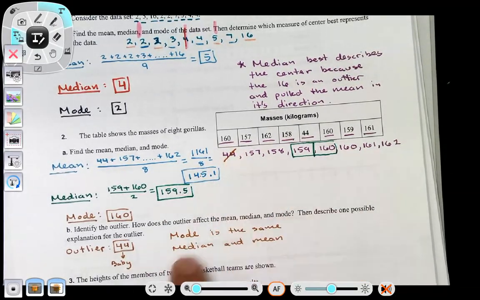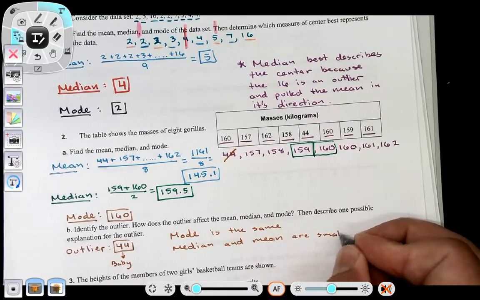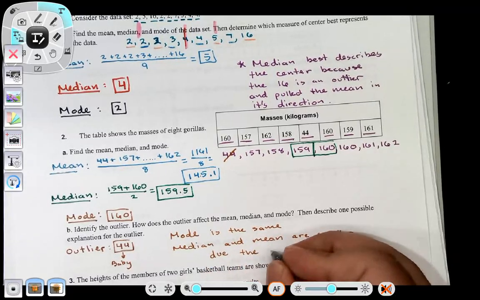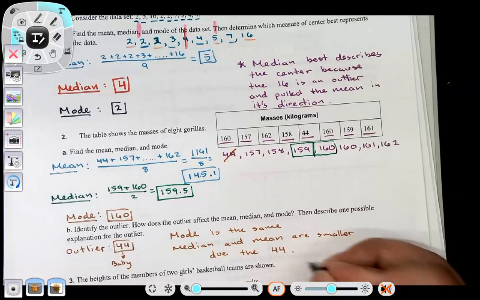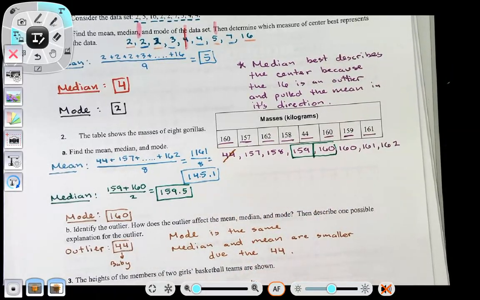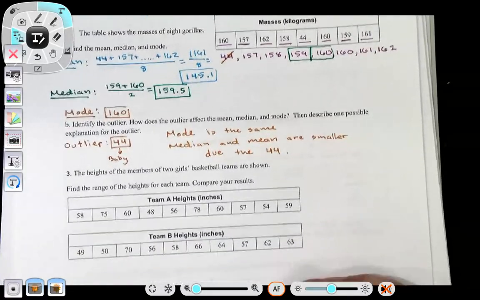The median and the mean are smaller due to the 44, due to the outlier. So because it's there, my numbers are smaller. But if I were to take it out, then everything should get bigger because there is no more little number anymore. Okay? All right, and then we'll end it with this one here.